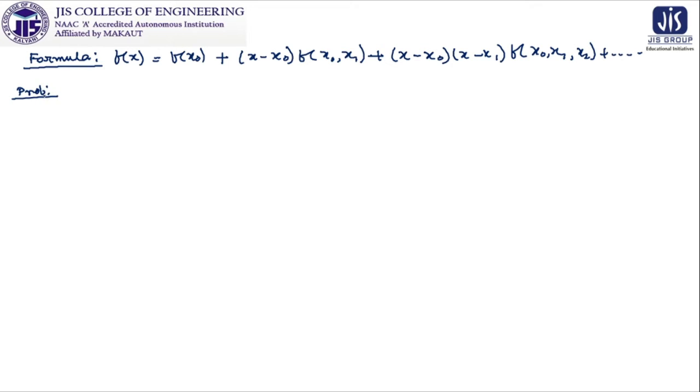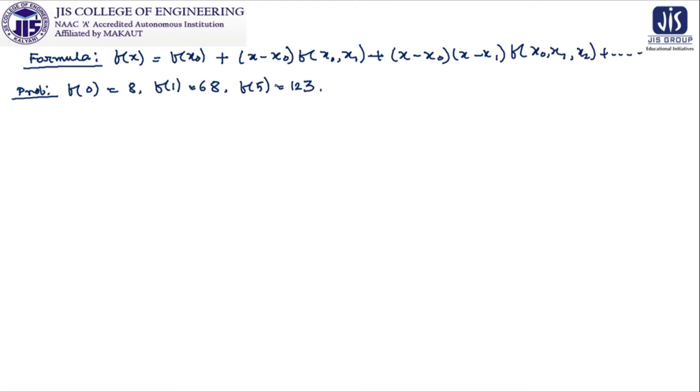So the problem is like this: f of 0 is equal to 8, f of 1 is equal to, suppose, 68, and f of 5 is equal to 123.